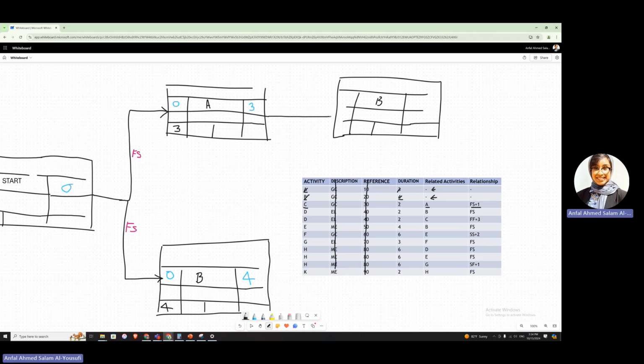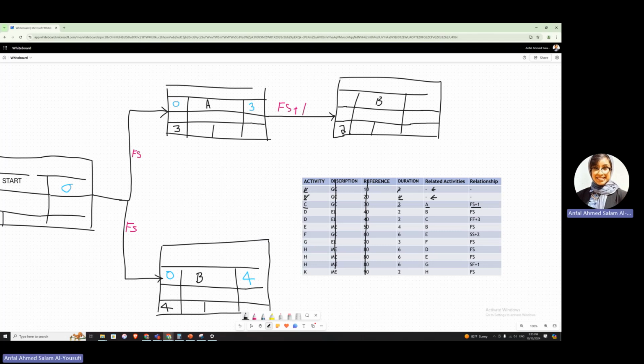And the relationship would be finish to start plus 1. And the duration for C, we said it was 2. Okay, I'm getting this information from the table.